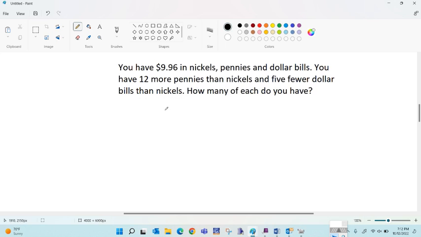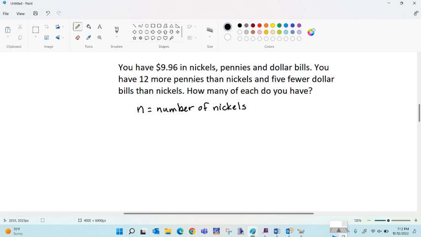So what I want to do is, first of all, since they're basing it off of how many nickels we have, I'm going to let n equal the number of nickels. Don't forget, I said it's important to label these things. The number of nickels.